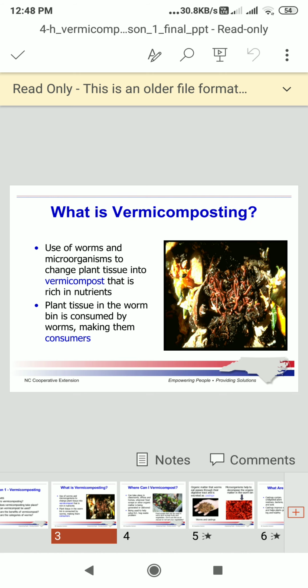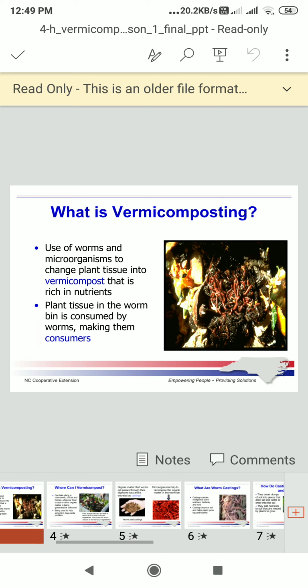Vermicomposting is the use of worms and microorganisms to change plant tissue into vermicompost that is rich in nutrients. The plant tissue in the worm bin is consumed by worms, making them the consumers.